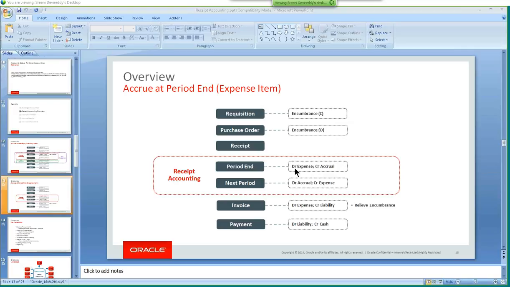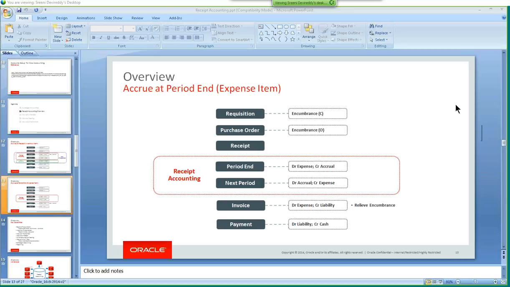If the receipt is already invoiced, it is not picked up for this accounting at all, because the liability is already booked. You don't have to accrue anything because you are already liable to pay, so there is no point in accrual.